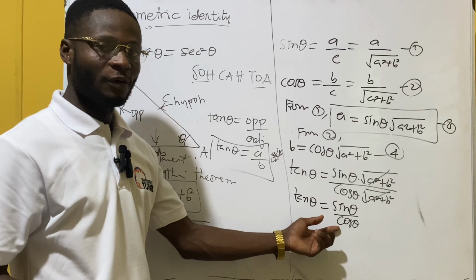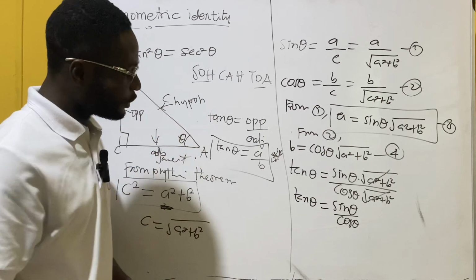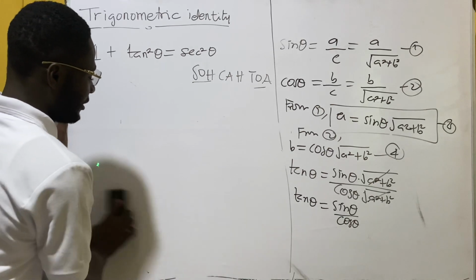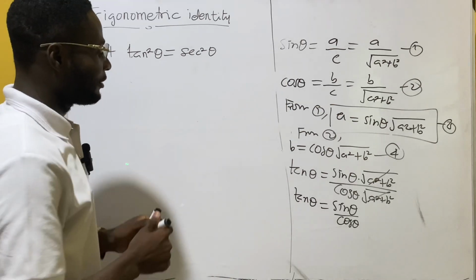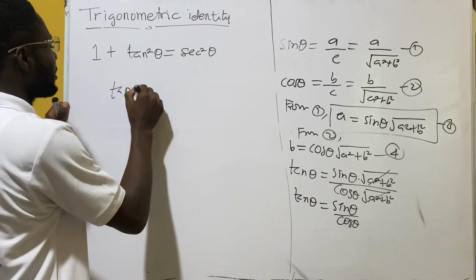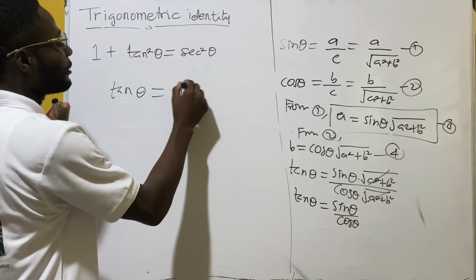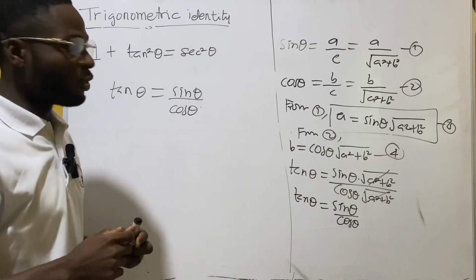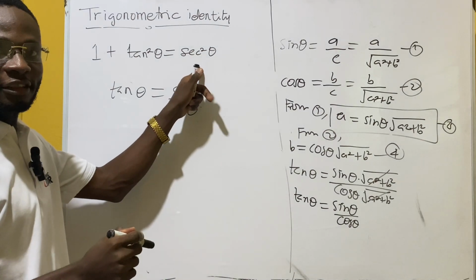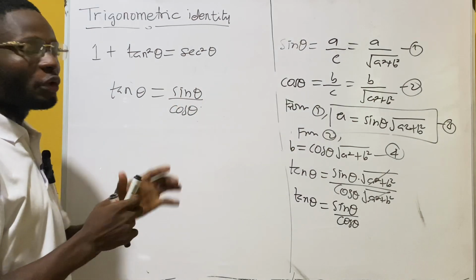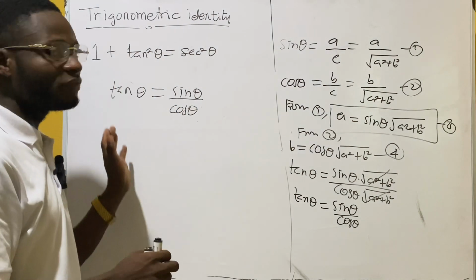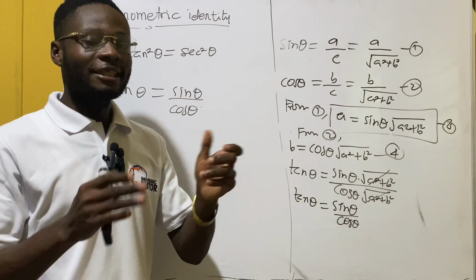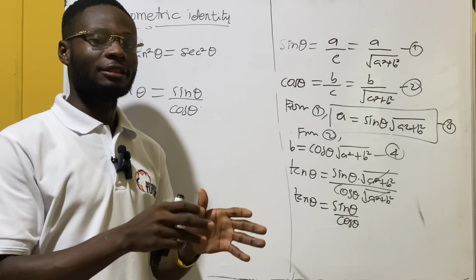Now, let's get into the game. So we know that tan theta is equal to sine theta over cos theta, right? We come to the given equation, and we consider the left-hand side to prove the right-hand side. In every proof, you either use the right-hand side to prove the left-hand side or the other way around.